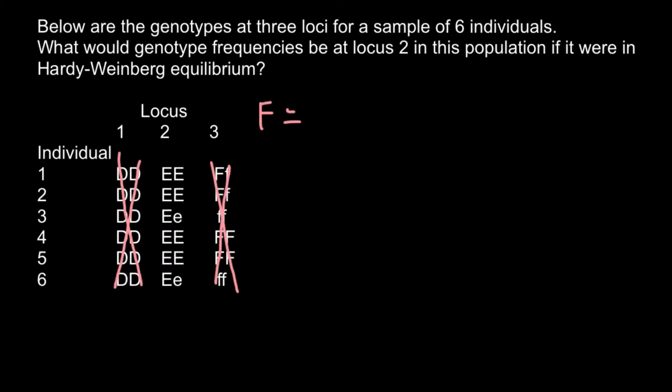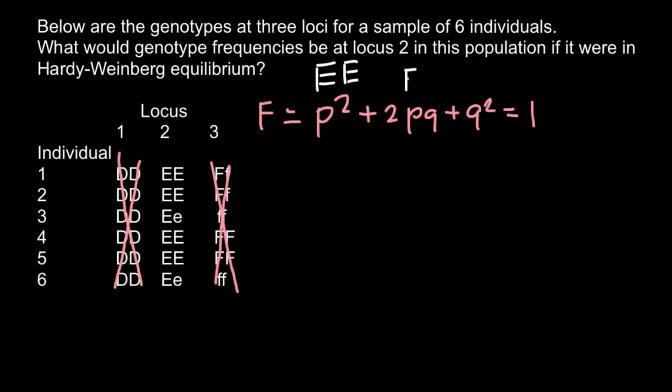So the frequencies of the three genotypes that can be made by two alleles would equal p squared plus 2pq plus q squared, and would equal 1. And p squared here stands for the homozygous dominant genotype, so capital E, capital E. 2pq stands for the heterozygous genotype, capital E, small e.